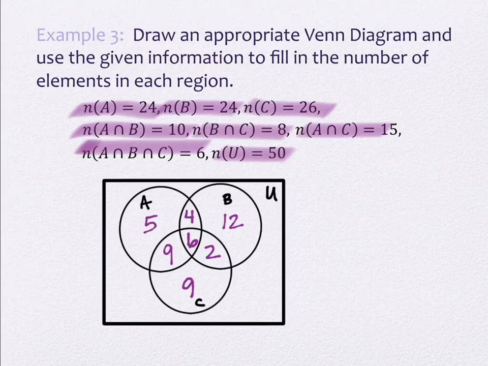In other words, if I merged my phone book and my husband's phone book and my son's phone book into one massive phone book, it'd be all the numbers in that phone book or all the people in that phone directory or whatever you want to call it, okay? So the set U is everything in the rectangle. There's already 7 different numbers. They're not all different from one another, but there's 7 numbers inside of my rectangle. So how many, 5, 4, 12, 9, 6, 2, and 9, how many are already there?